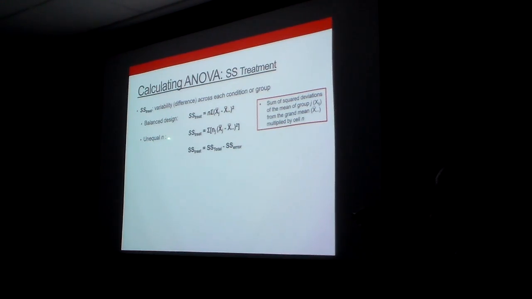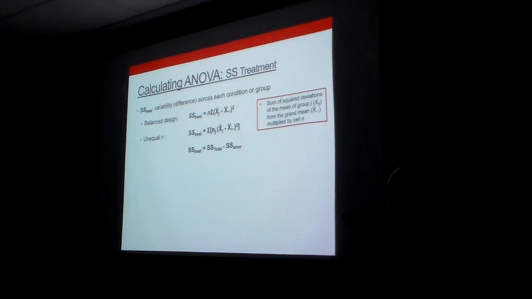For our unequal samples, we're going to have to flip this formula around a little bit. Here it's going to be the sum of the condition mean minus the grand mean, squared, times the number of people in that condition, and then we just have to repeat this over and over again for the different groups. Okay. So conceptually, this is how we would think about calculating these.